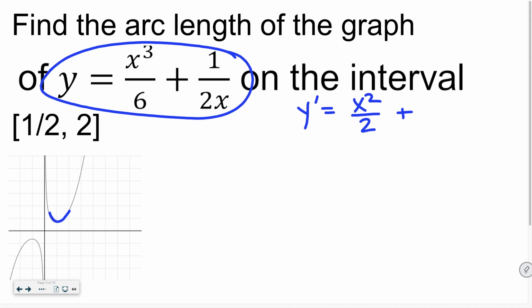Can it be the word? It can be the word. Okay, and what about the derivative of 1 over 2x? Negative 1 over 2x squared. Okay, I like that there's a little bit of a pattern going on here. That could be good. Okay. By the way, we are doing this one by hand.